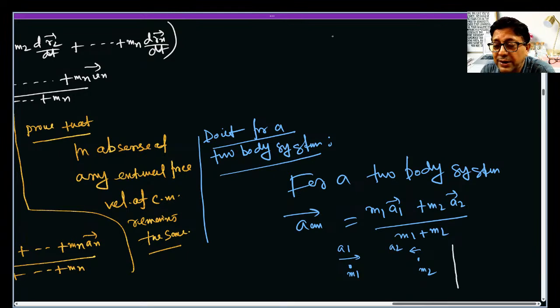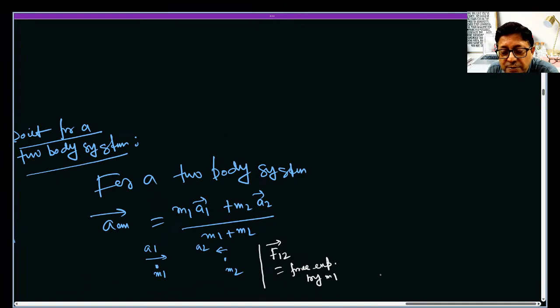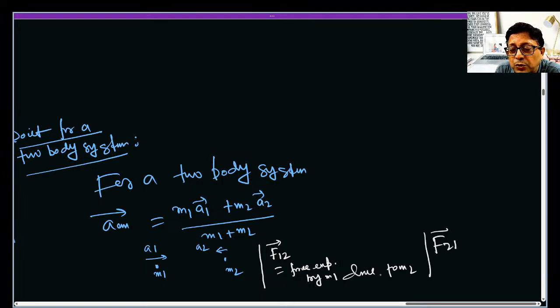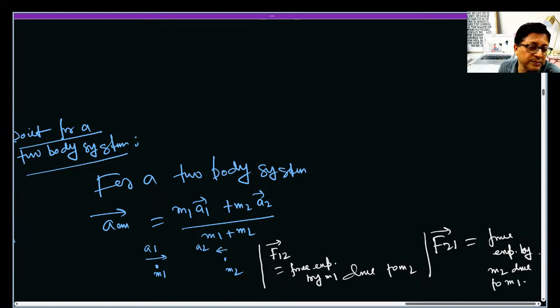Now tell me what is A1 here. F12 stands for force experienced by M1 due to M2. Similarly, you take F21 equal to force experienced by M2 due to M1.